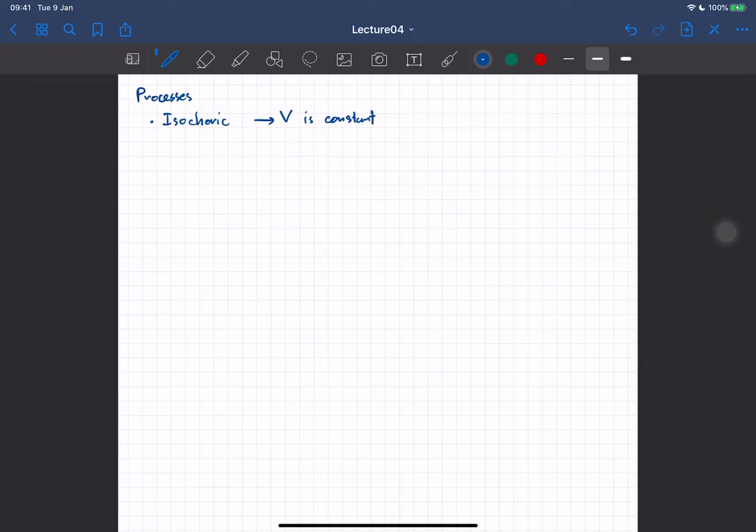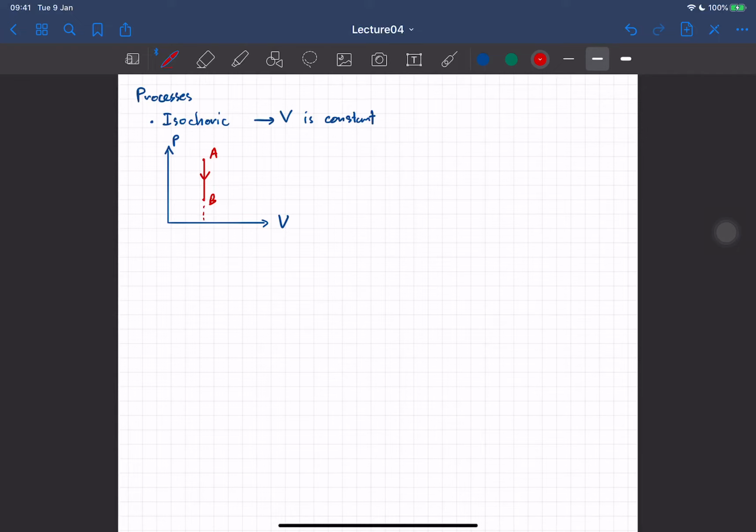Okay, so what does it mean? It means that it's the process where the gas does not expand or shrink. So volume is constant. And if you plot in the PV diagram, it's going to be the case where you move along the vertical line, because that's how you keep the volume constant, right? For example, you move from here to here, point A to point B, down, right?